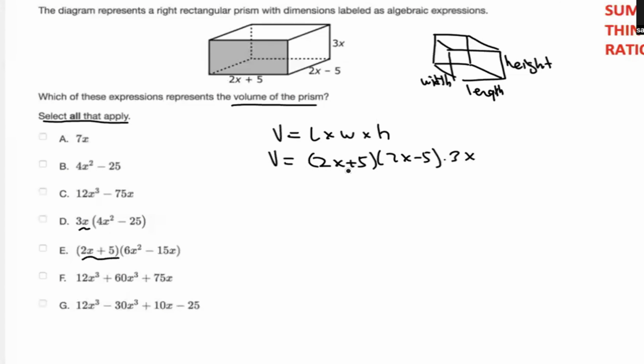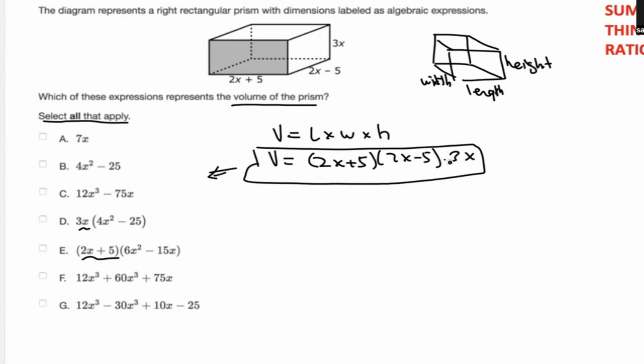But this expression in whole, 2x plus 5, 2x minus 5, and 3x multiplied, we don't see in the answers. What we have is 3x multiplied by something, or 2x plus 5 multiplied by another thing.